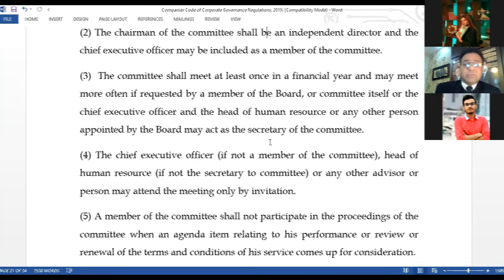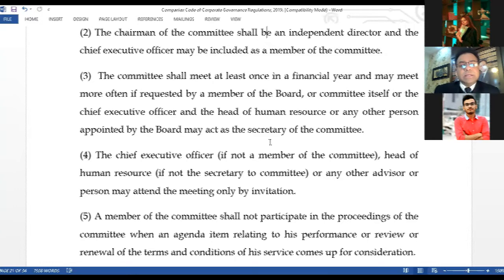This is really interesting, since the main mandate for this committee is to ensure that the terms and conditions of service are offered in a manner which is conducive or beneficial for the company.